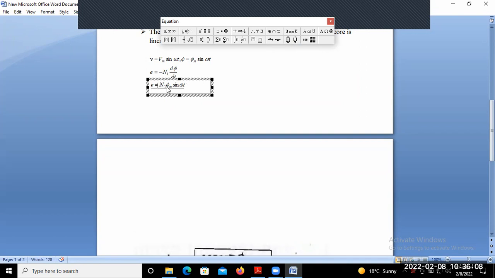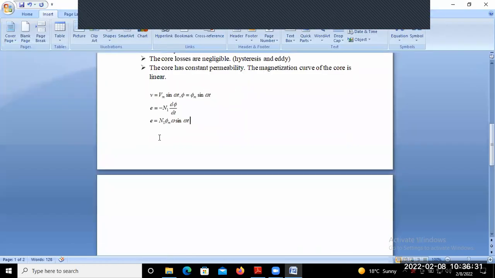Whatever components are multiplied with the sinusoidal function are considered the maximum value of this EMF. So the maximum induced EMF equals N1 phi m omega. Here omega equals 2 pi f.